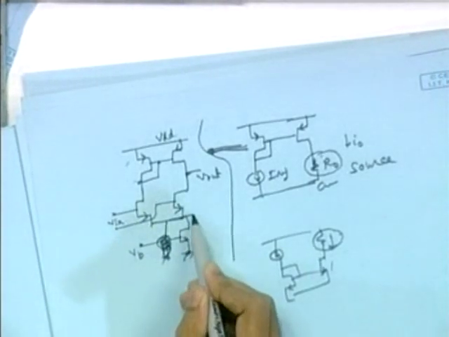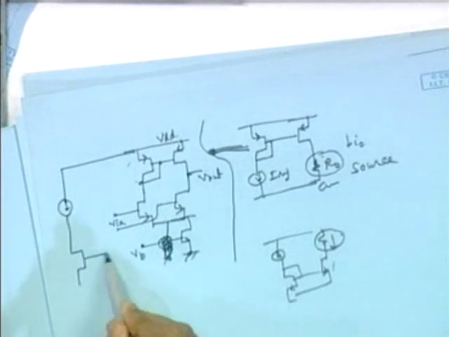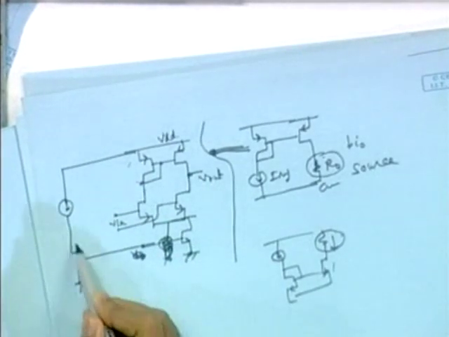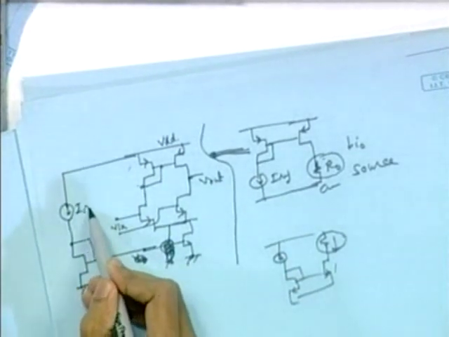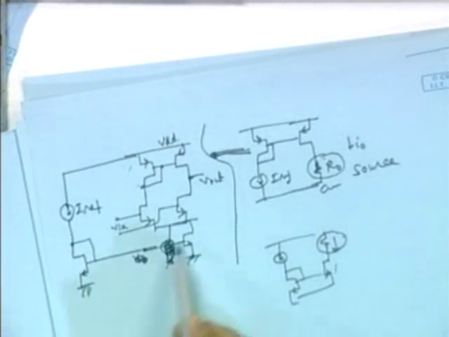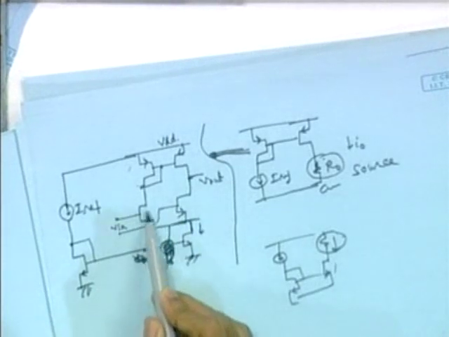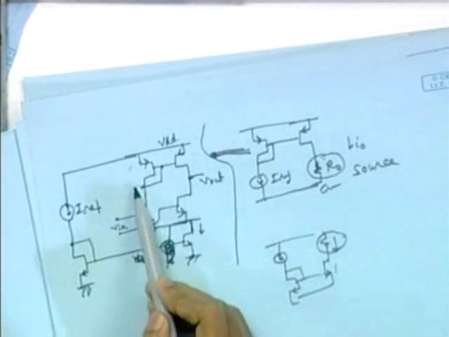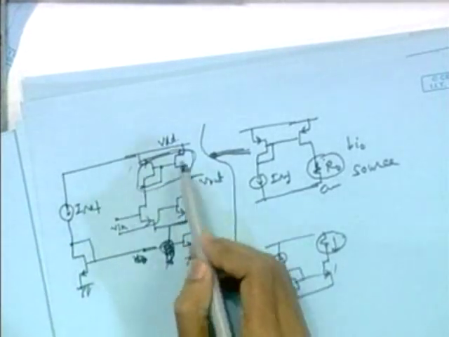So this is also a MOS, and this current is being mirrored here. These two are the inputs of the differential amplifier, and this is the load, the active current mirror pair.